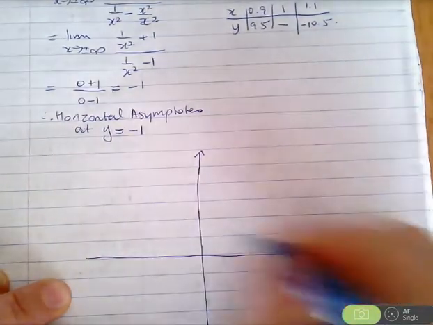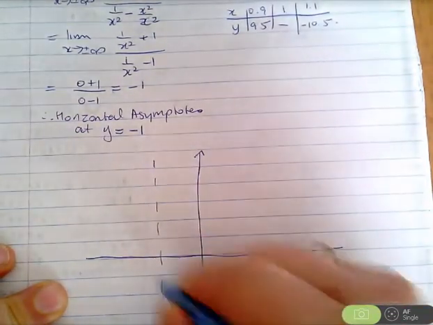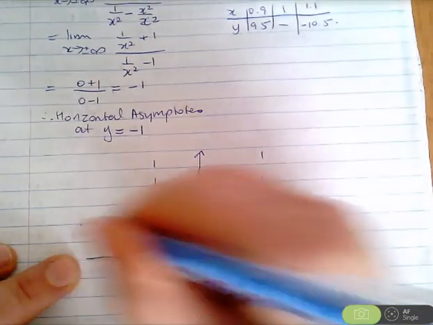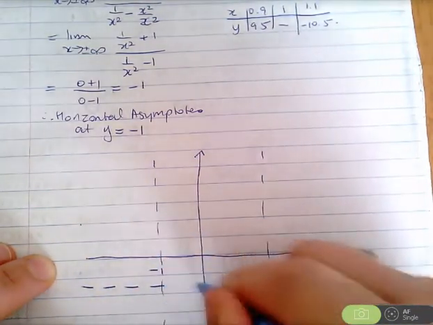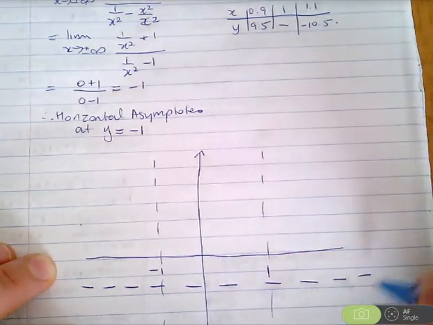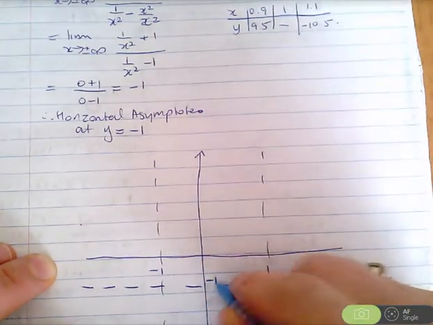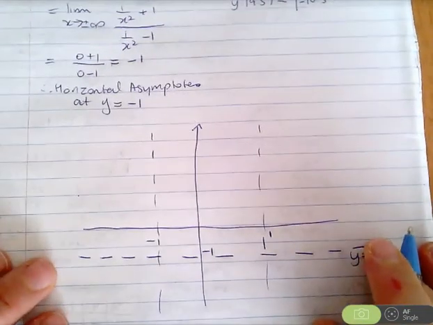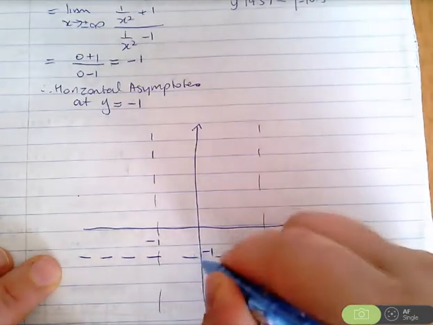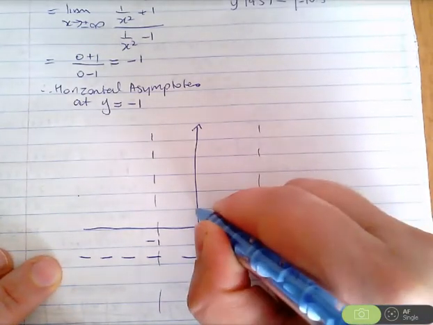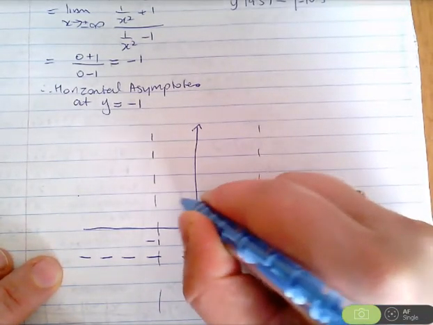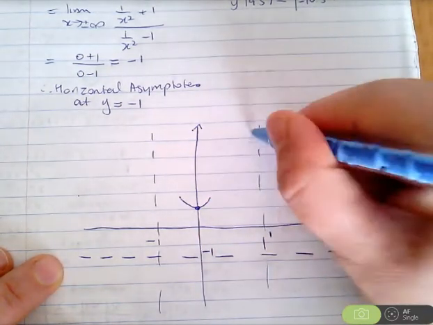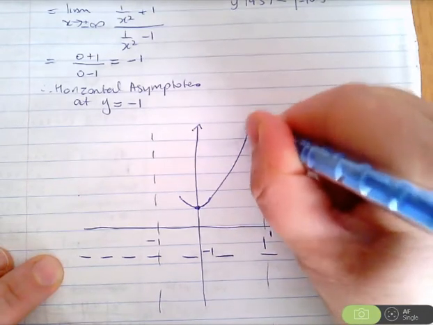So we've got vertical asymptotes at negative 1 and positive 1. We know that the line y equals negative 1 is a horizontal asymptote. We know that we've got a minimum at 0, 1. We know that when x is positive 0.9, y is 9.5, so it's going to look like that.